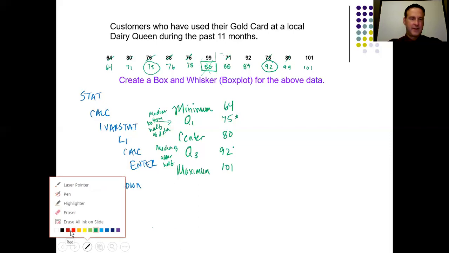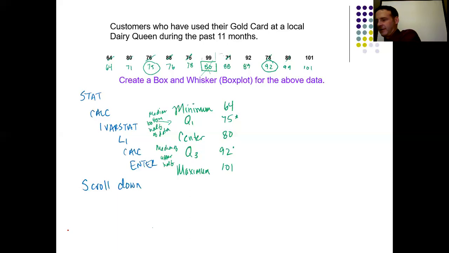Let's try maroon. That is not level, but it's still pretty good. Okay, and here's what I'm going to do. I know I have to start somewhere around 64 and finish at 101. I'm going to draw some tick marks.